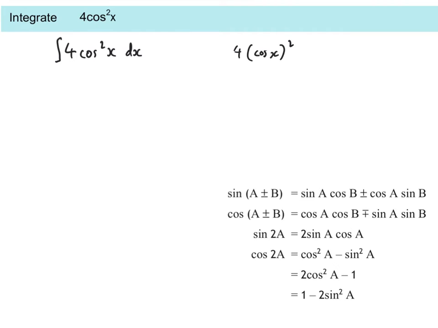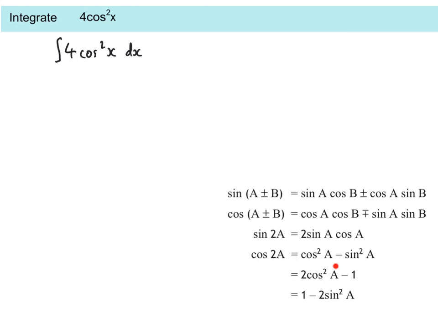However, there is no chain rule for integration. We cannot integrate the square of cosine x. So what we have got to do is use our formula list. We have got to replace cosine squared x with something that doesn't have the square in it.